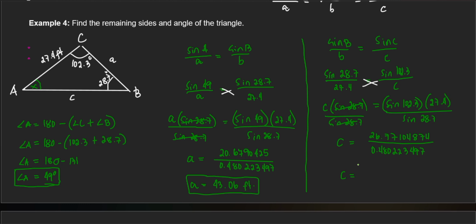Then, you divide para makuha po natin yung side na c. So, we have 26.77104874 divided by 0.480223497. So, yung value ng c natin, that is equivalent to 55.74.